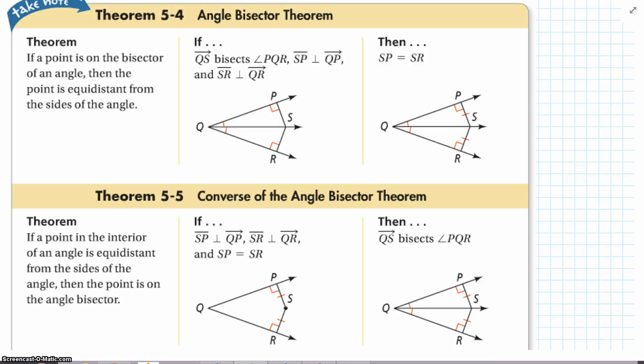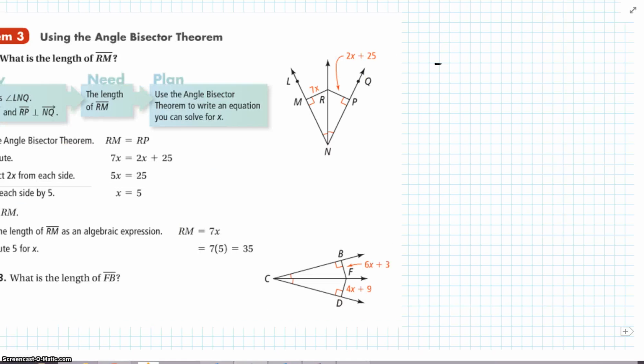If a point in the interior of an angle is equidistant from the sides, then that point is on the angle bisector. So if SP is perpendicular to PQ and SR is perpendicular to QR, and SP is equal to SR, then QS is the bisector. Some nice little rules to have.